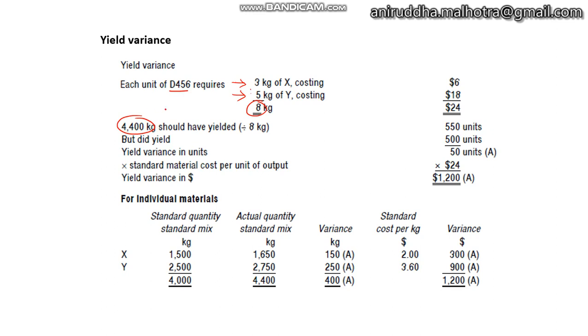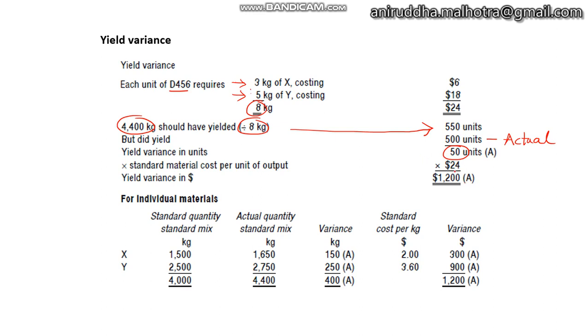If we were to follow the standard mix, then every 8 kgs would have given us 1 unit. So 4400 kgs divided by 8 should have given us 550 units. But in reality or actual, we only got 500 units.